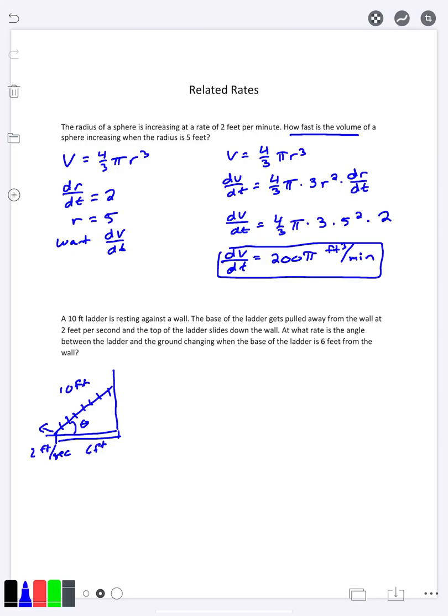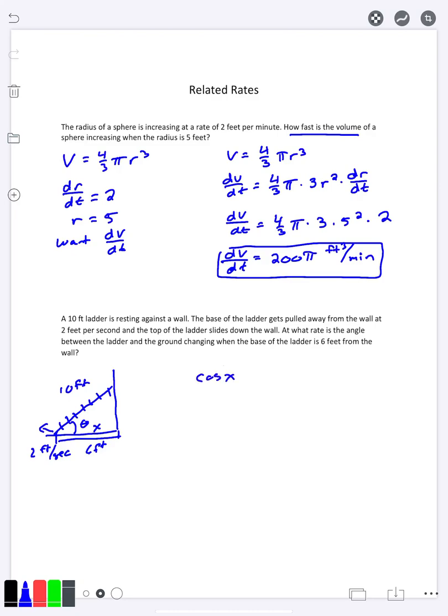Well, we need to find some way to relate the angle and this distance here, which I'll call x. Well, it looks like I can use sine. Sine of theta would be, sorry, not sine. We'll use cosine.